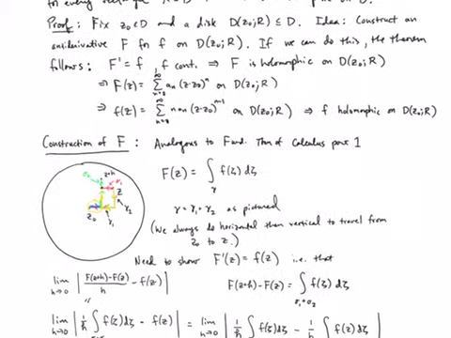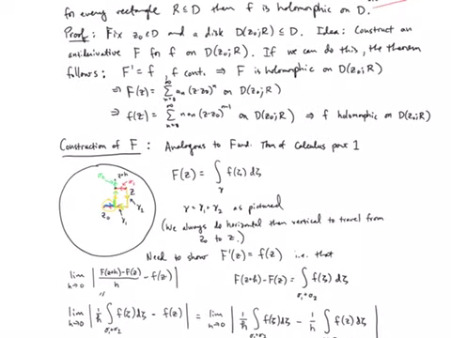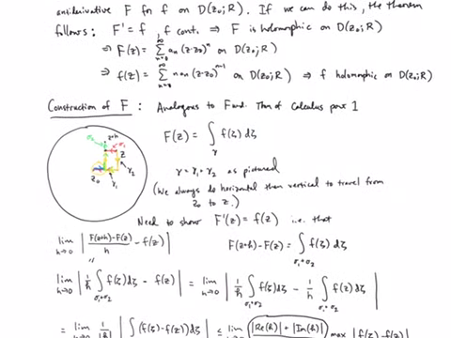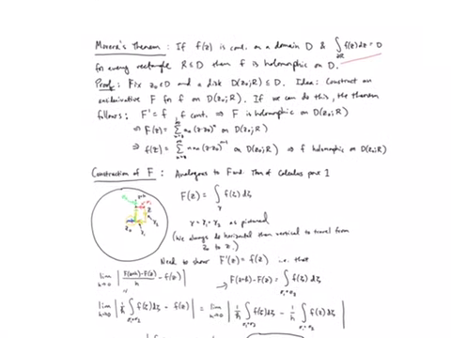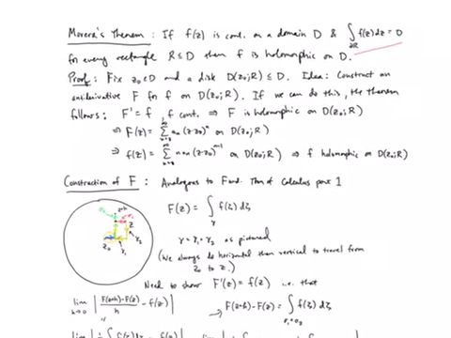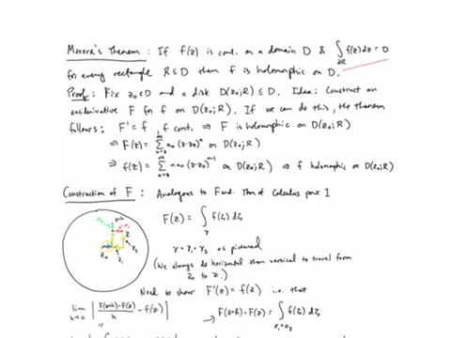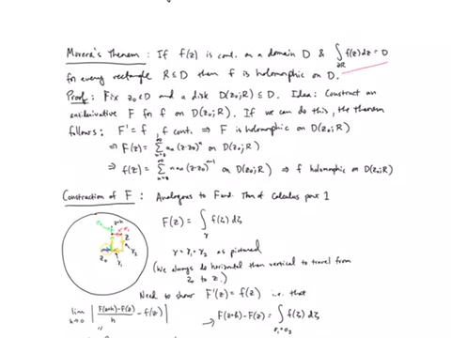The only place we use that is in f of z plus h minus f of z, to rewrite that in a nice way. So that gives us Morera's theorem, and combined with the Cauchy-Goursat theorem, those two imply that analytic functions are holomorphic.